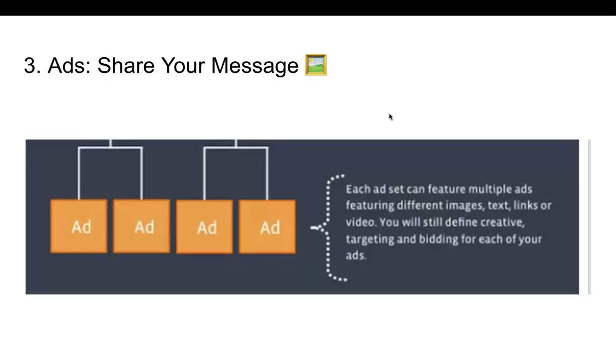It will also consist of ad copy, which is headlines and descriptions. You will also have your call to action, which is shop now, learn more, book now, check out. You can create multiple ads within one ad set to test different creatives and find out which performs the best. So you want to ask yourself, when you're creating your ads, what will people see and interact with?